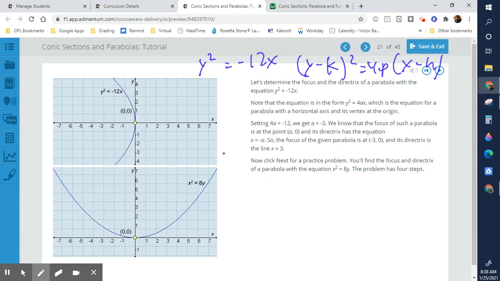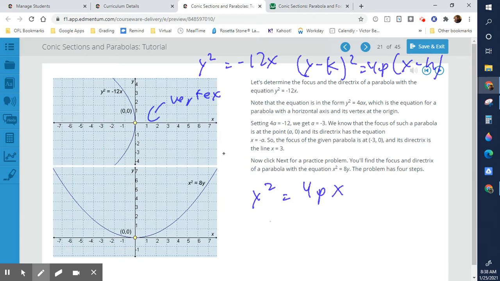Well, since we're at 0, 0 for the vertex, we know we don't have an h, we don't have a k. So that means that y squared equals 4px.